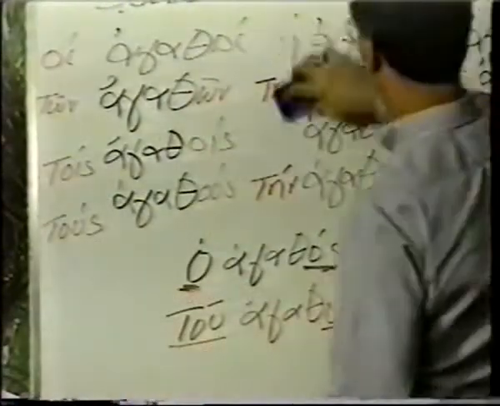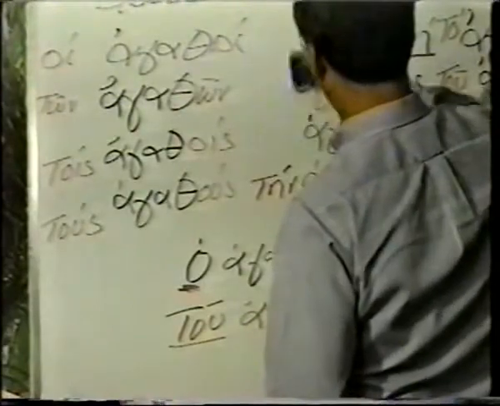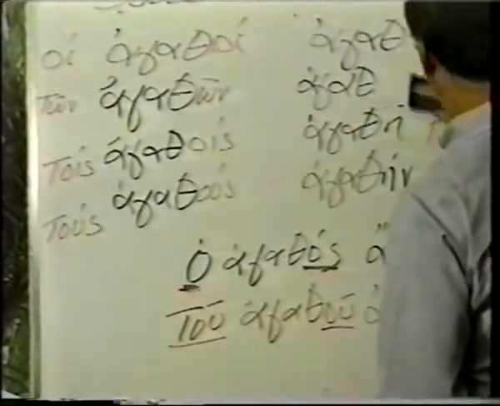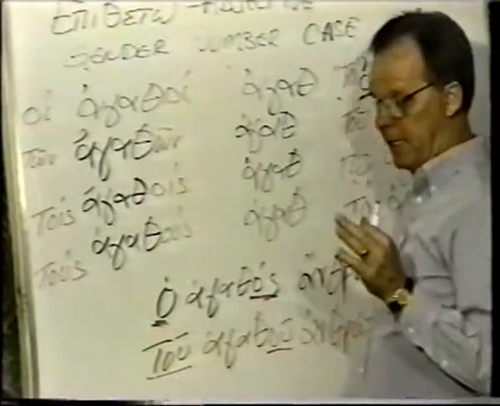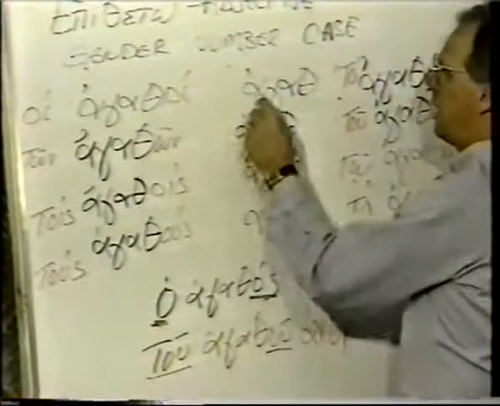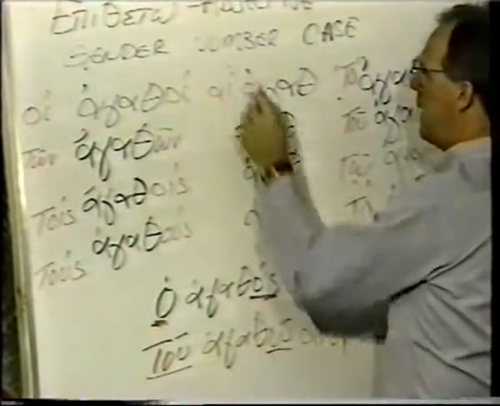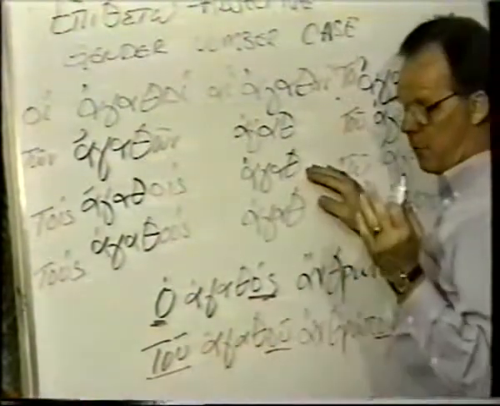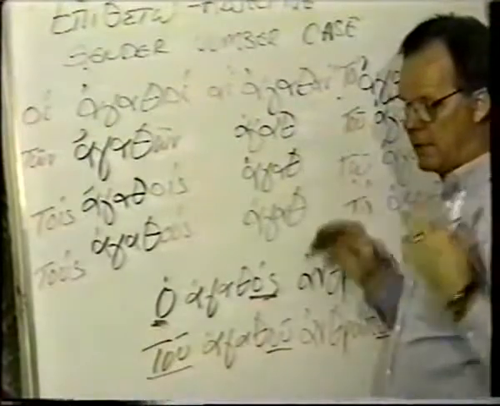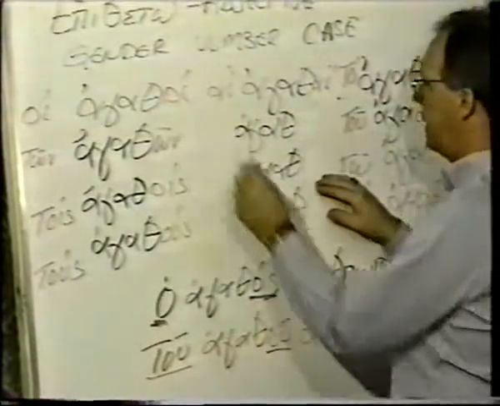Now in the feminine, everything changes also. The article changes, as well as the end of the subject. So let's go through these very quickly if we can. Now in the plural, in the feminine, it looks like this. E agathe. And we come to the dative and to the genitive case, and it looks like this.